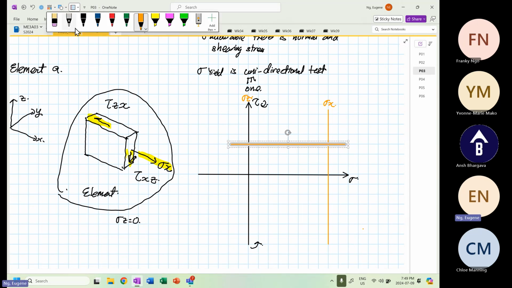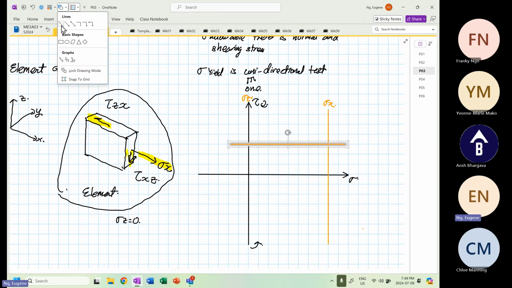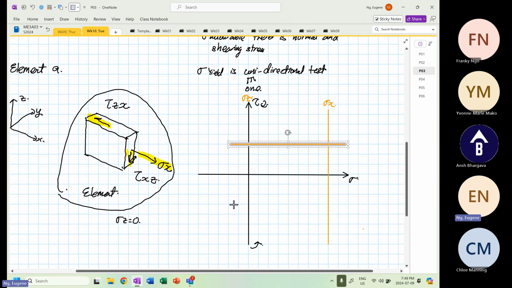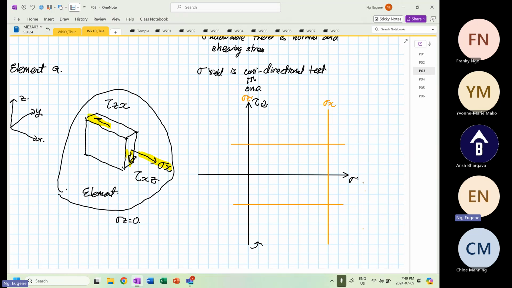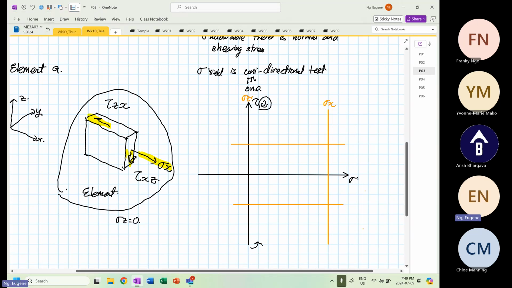So the shear, we have to draw the positive and negative shear. Positive and negative shear does not mean anything on Mohr's circle. So the shear is dependent on the rotation of the element.